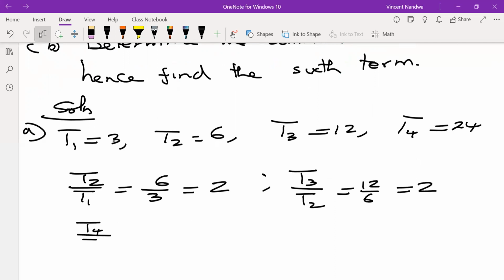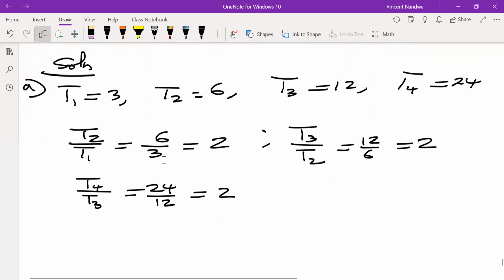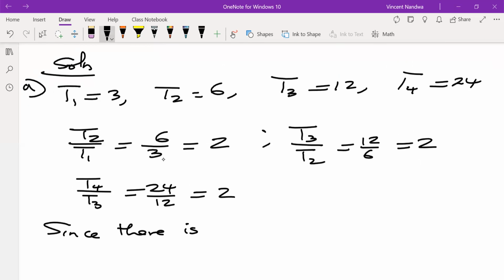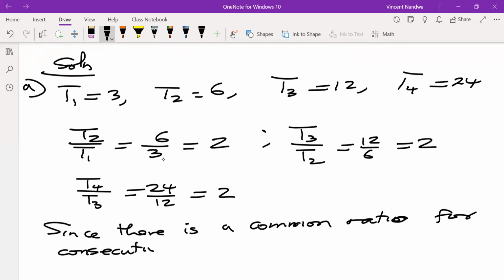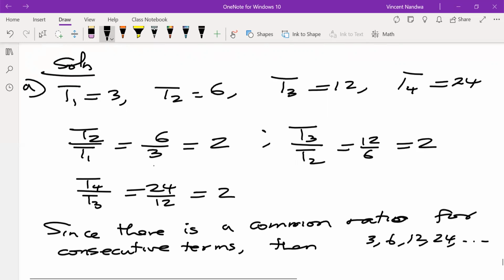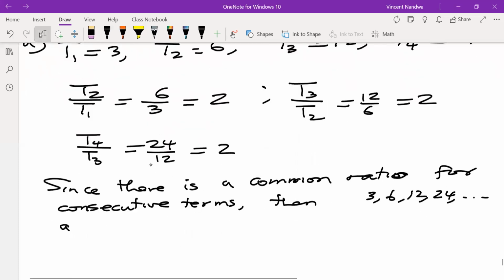And T4 over T3 is 24 over 12, which is 2. So since this is a common ratio for consecutive terms, then 3, 6, 12, 24 is a geometric sequence.